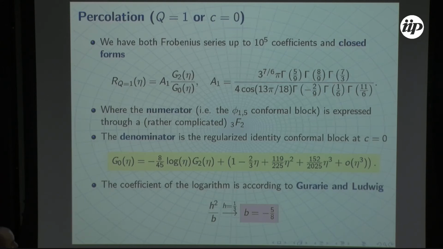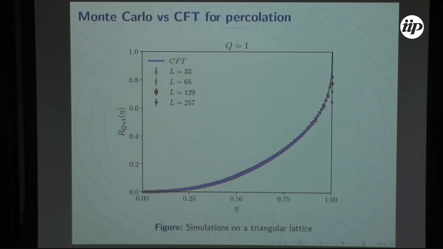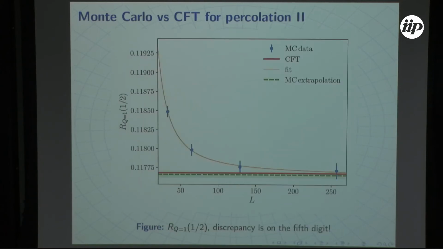Okay, so this is for percolation, and this is another interesting numerics. For percolation, one is also able to do some extrapolation for the value when the anharmonic ratio is 1/2. And the agreement with the field theory is on the 5th digit.